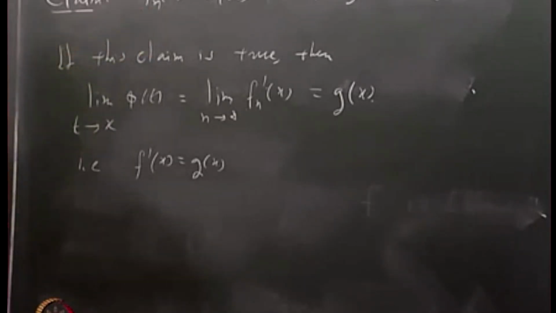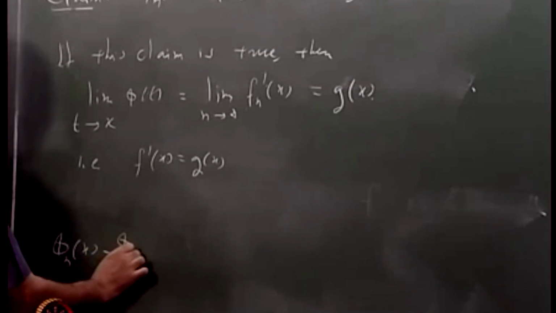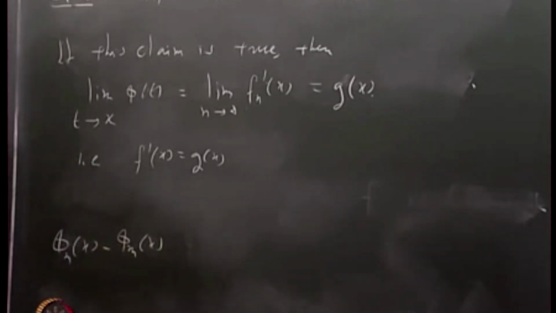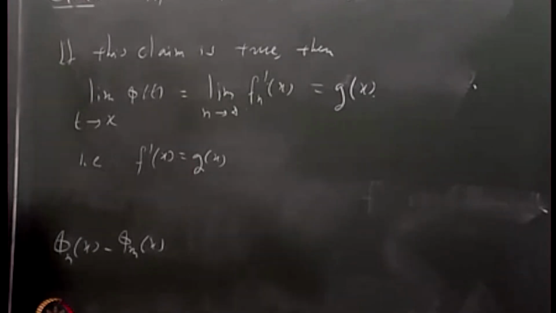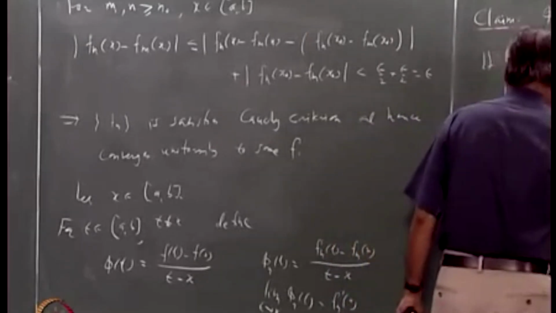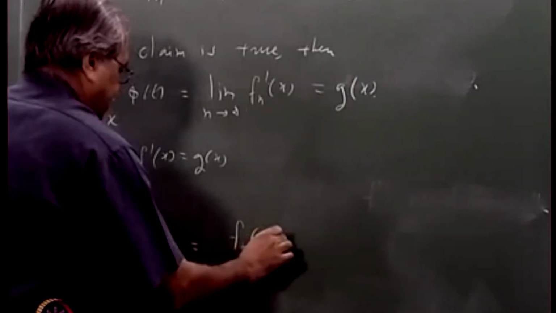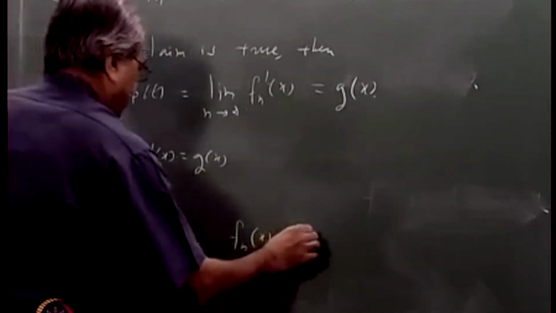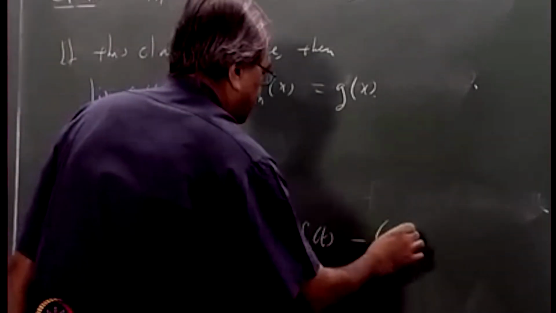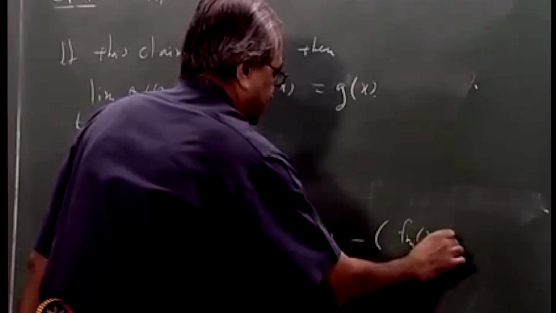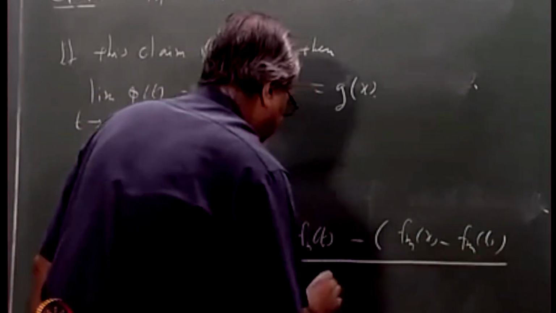So if we consider phi nx minus phi mx, that is the same as Fnx minus Fnt, then minus Fmx minus Fmt, this divided by t minus x.